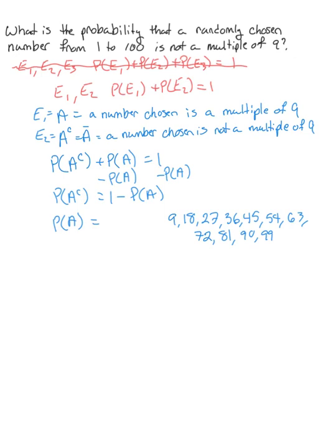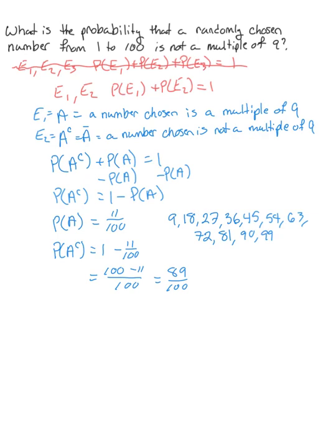So we have 11 numbers out of the 100 possible numbers that are multiples of 9, so the probability is 11 over 100. We can substitute that back into our original equation to get 1 minus 11 over 100, which is equal to 100 minus 11 over 100, which is equal to 89 over 100.